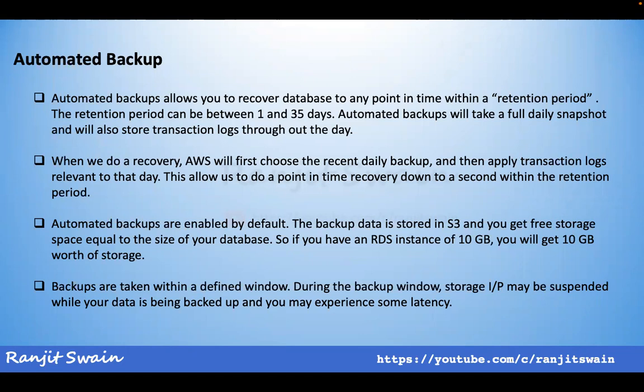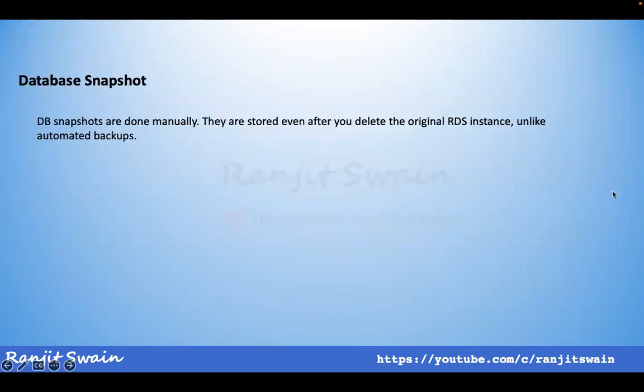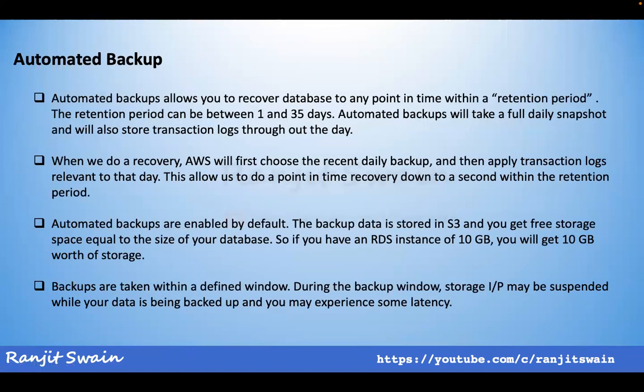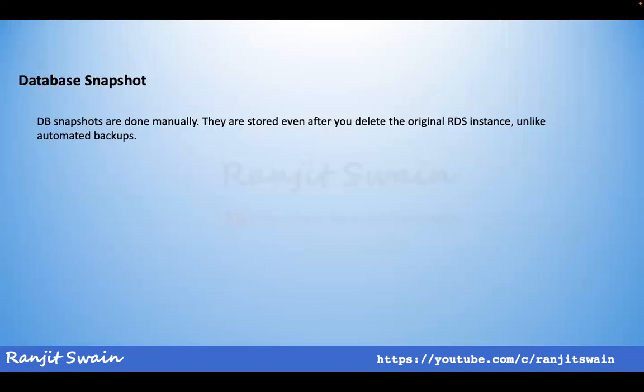Okay. Next is database snapshots. The automated backup is taken automatically based on the window you set up, and snapshots are done manually. They are stored even after you delete the original RDS instance, unlike automated backups.